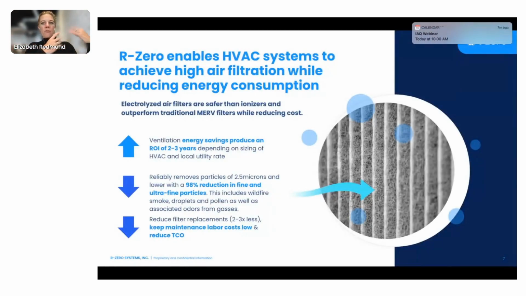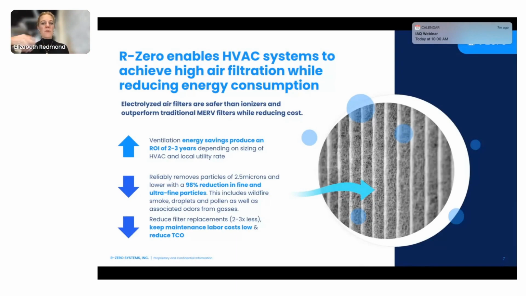So if we're able to remove PM 2.5 based on a HEPA 13 or higher, a MERV 13 or higher grade filter, that is going to really create an ROI for your environment based on the measurement of IAQ. So you're always wanting to pull that through to remediation.